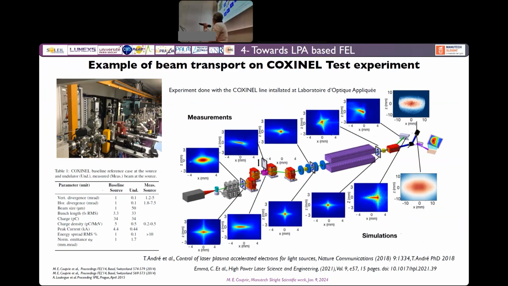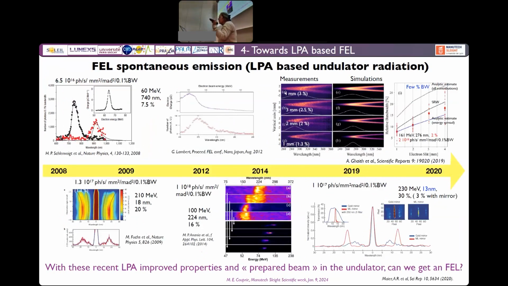So you see here a picture of the line installed at LOA. There were several developments for first looking at undulator spontaneous emission, which is undulator radiation, because it's the first step to get an FEL.